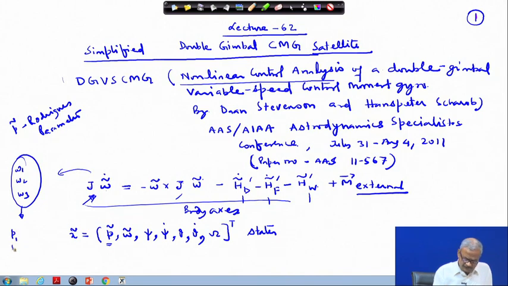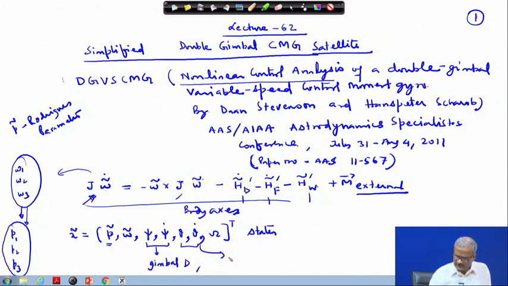So p 1, p 2, p 3 can be obtained from this place using the kinematic relationship, and then you have psi dot and theta dot. This is for the outer gimbal d, and this is for the inner gimbal f.